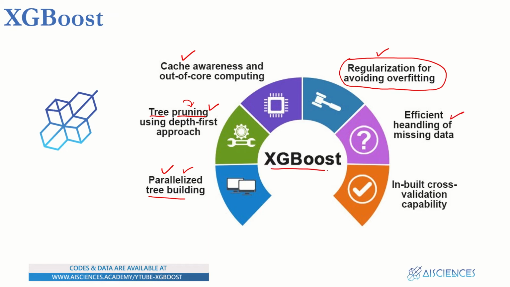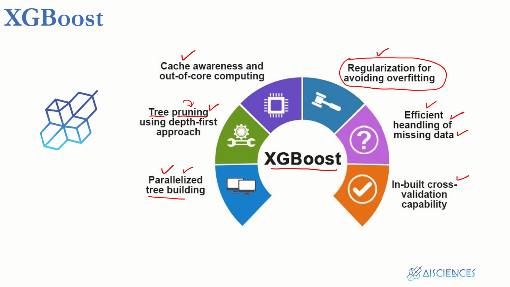So the XGBoost package has missing data handling inside and a built-in cross-validation capability. Although, even if you don't have built-in cross-validation capability, you can write it on top of that. Even if you don't have efficient handling of missing data, you can use some libraries to do that. But XGBoost is really a package that has all these things available.